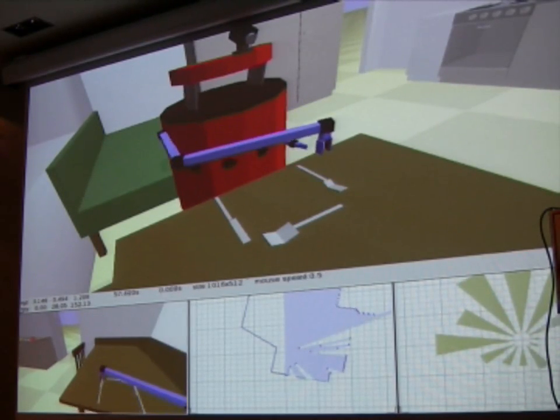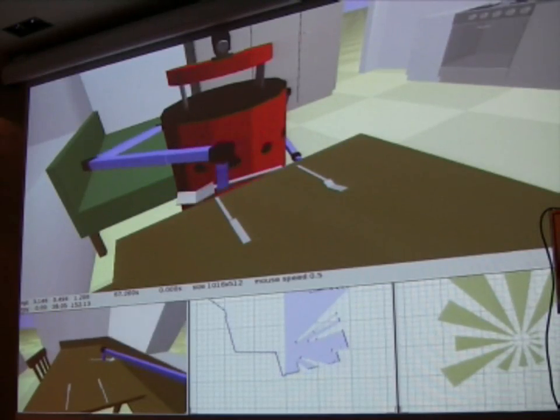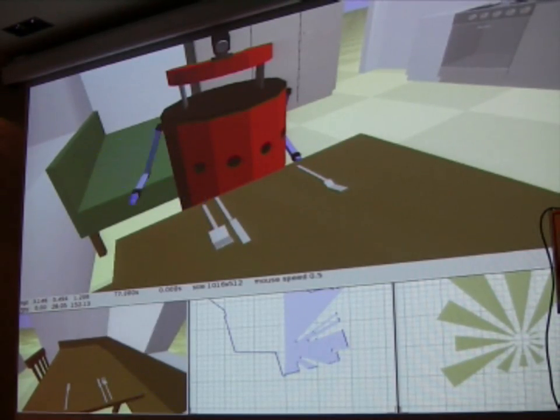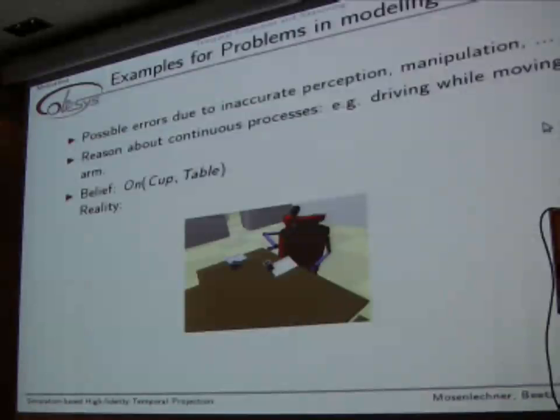So what we can see here is we have on the one side the logical description of actions, and on the other side how it's executed on the robotic system. So we have several sources of possible errors. We have inaccurate perception. We have maybe manipulation does not go completely right or something like this.